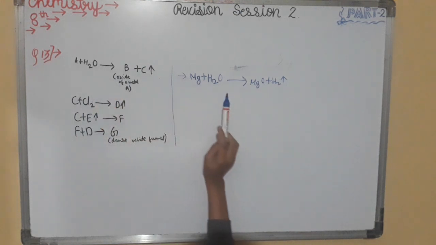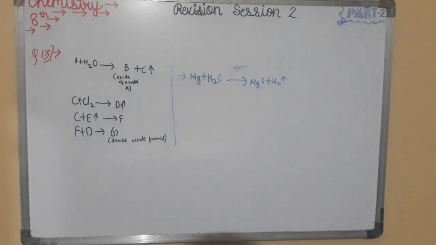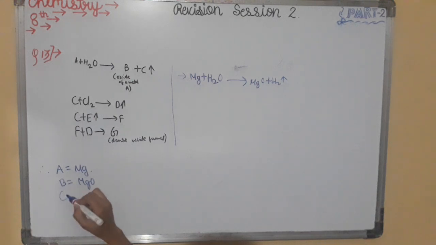H2O is in its place and H2 is a gas, hydrogen. So therefore A is equal to Mg, B is equal to MgO and C is equal to H2.